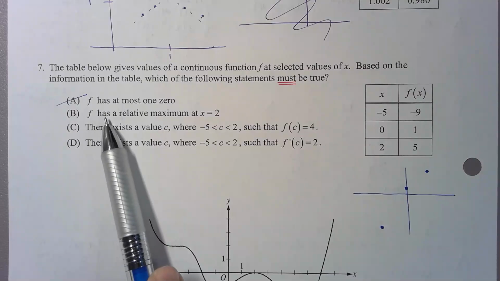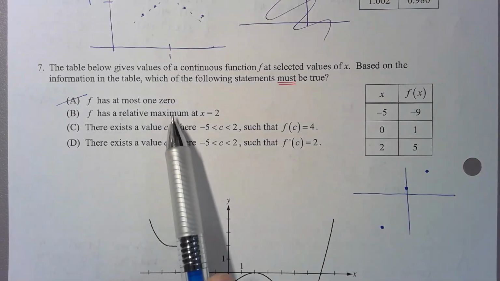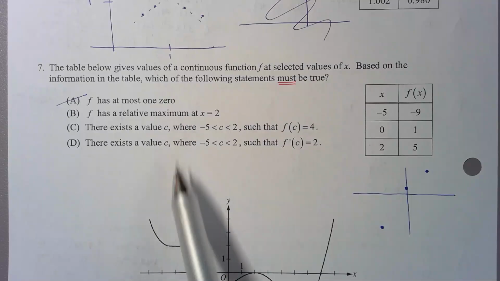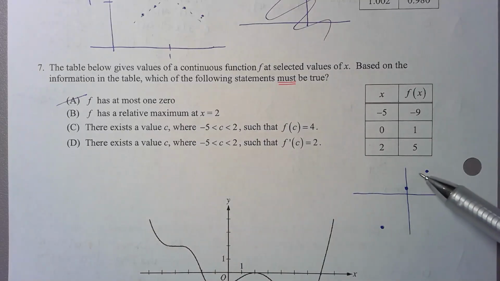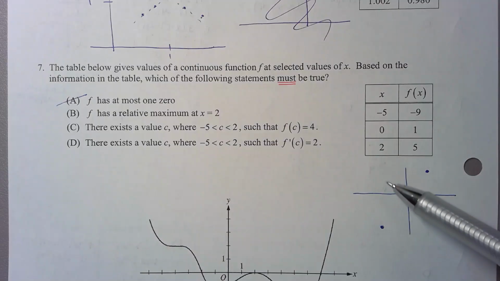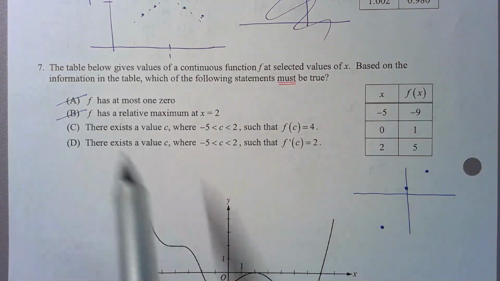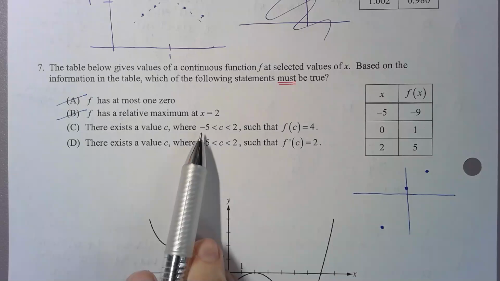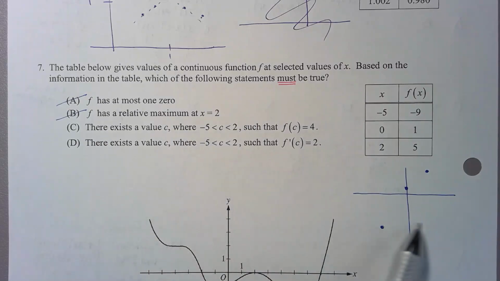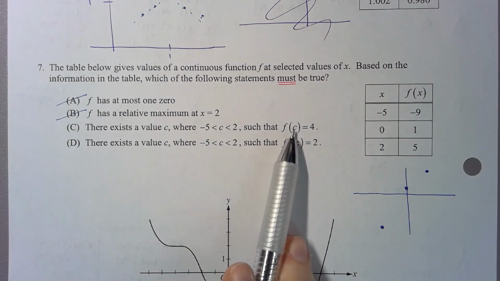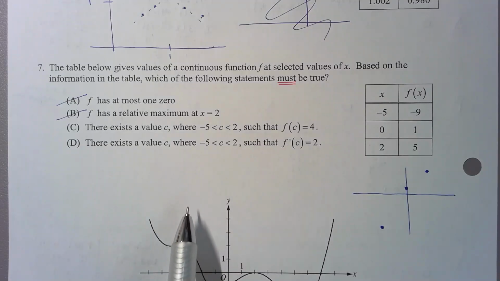Does this graph have a relative max at x equals 2? Does this have to be the highest point? No. I think my graph could go up and then come back. Is there a place between these 2 points where the y value has to be 4?